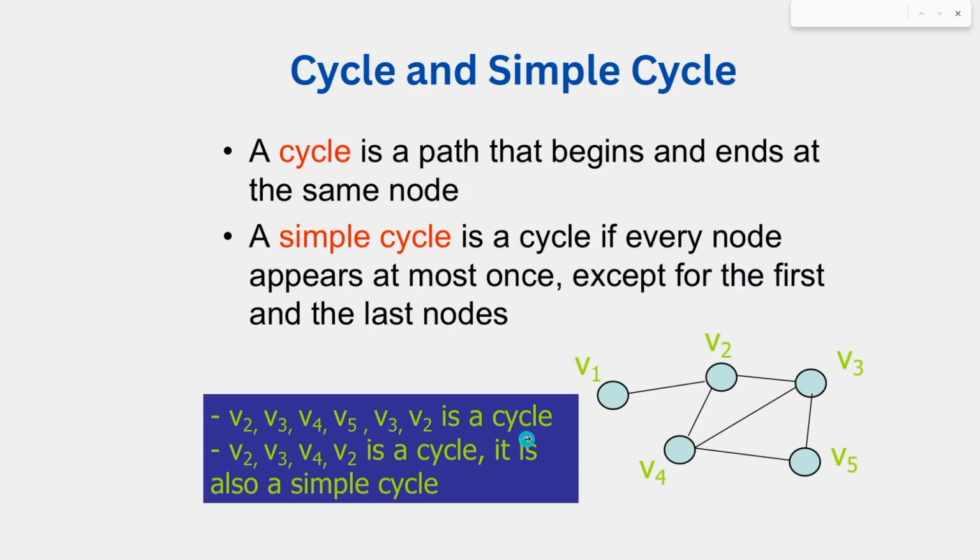In a cycle, other than the start and end vertices being the same, in between we may also have the same vertex appearing more than once, whereas in a simple cycle only the start and the end vertices can be the same, while all other vertices should appear exactly once.